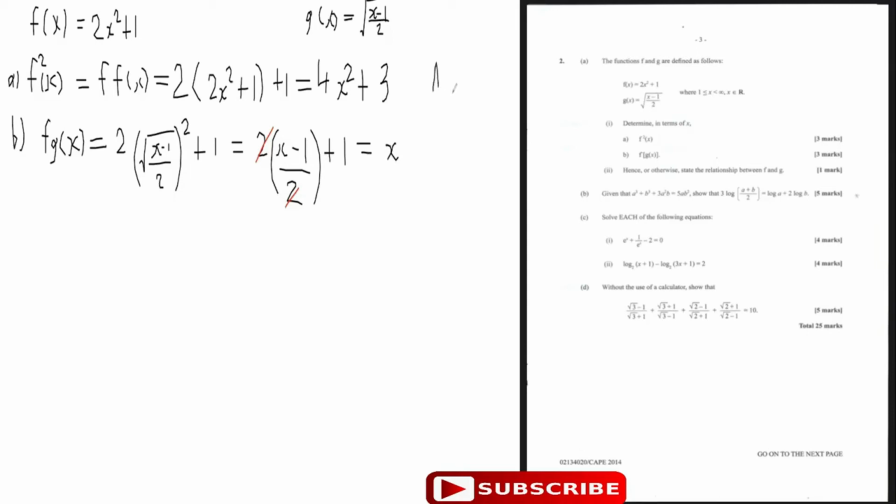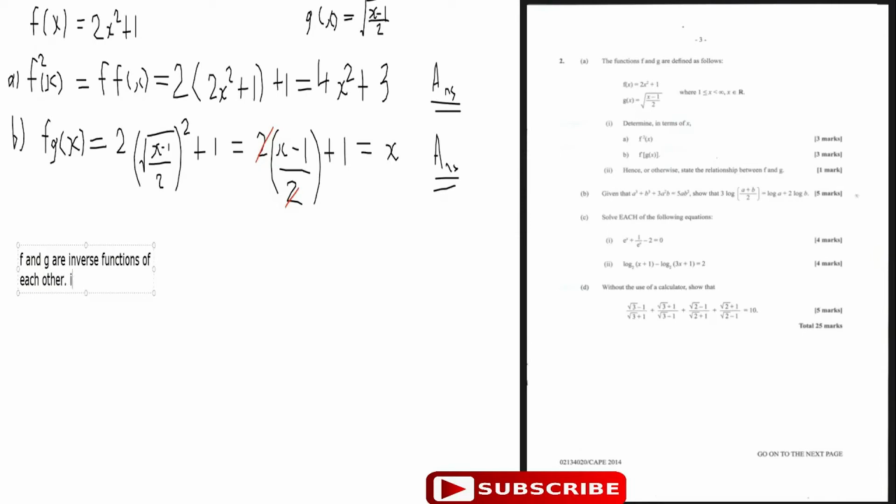Nice and easy. All right. So if fg of x is equal to x, then what does that mean? That is telling us that the two functions are inverses of each other. So we can state, hence or otherwise, the relationship between f and g. In the second part, we can tell them f and g are inverse functions of each other.